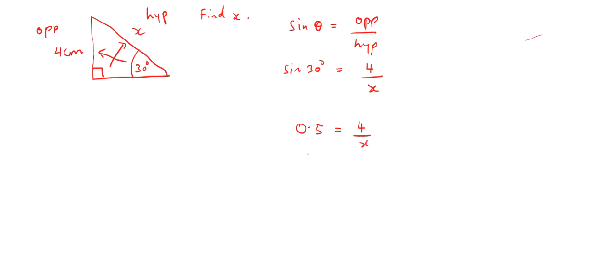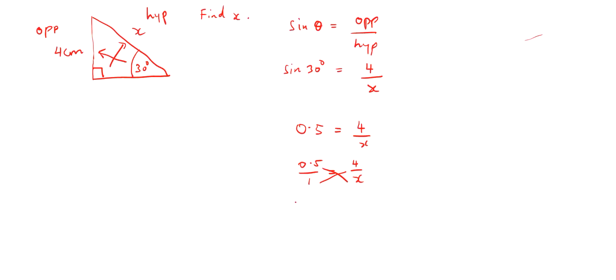Now we can write this as 0.5 over 1 is equal to 4 over x, right? I've done nothing that is confusing here. I've just rewritten 0.5 as 0.5 over 1, and there's a reason why I'm doing that. Your next step is to cross multiply, right?